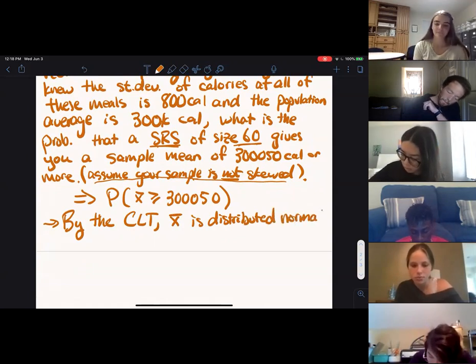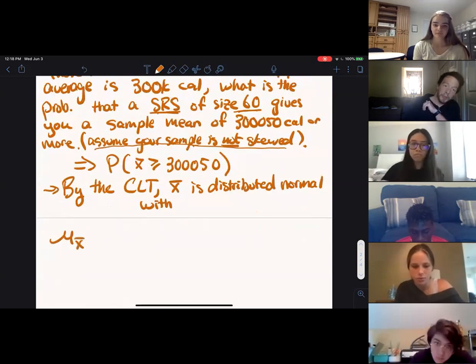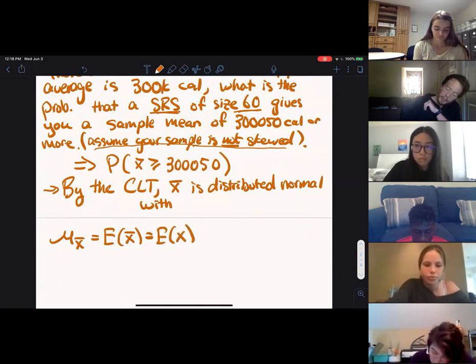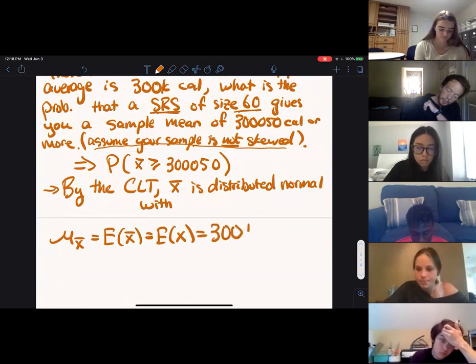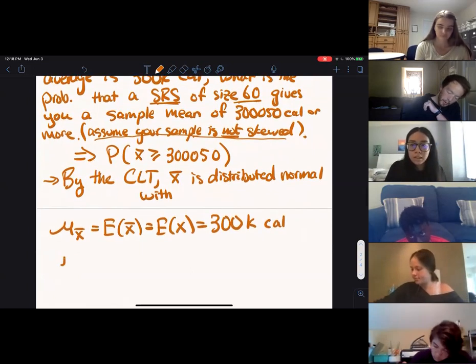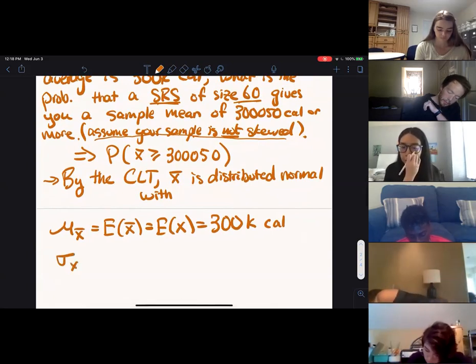with, well, I want to know where my normal distribution is centered. That's just going to be centered at the mean, which we know by our formulae. It is the expected value of the entire population, which is 300,000 calories. I also want to know the spread of x bar.